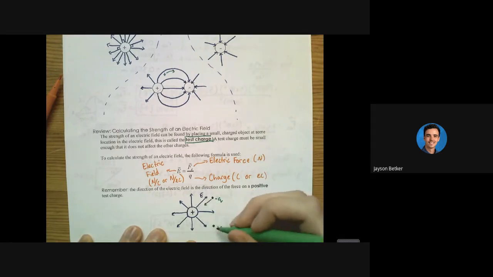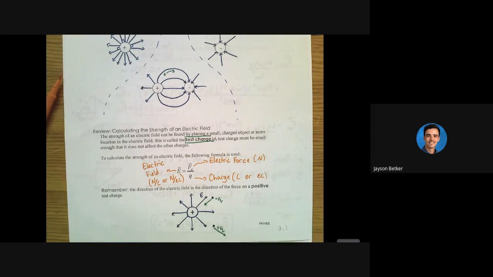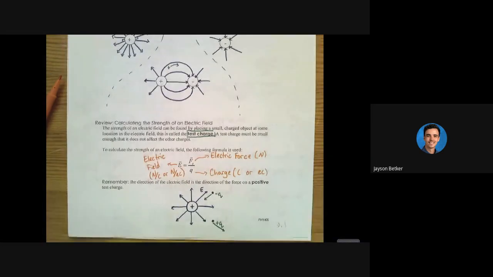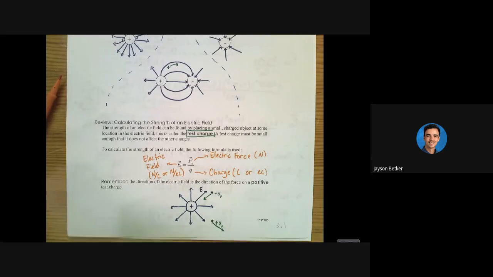And if this is a positive charge, it's going to feel a force of repulsion. So there you have it. That's how we know this. Remember, from our definition, a positive test charge shows us the direction that the electric field lines are going because it's the direction that it would feel a force. And the negative always feels a force in the opposite direction.